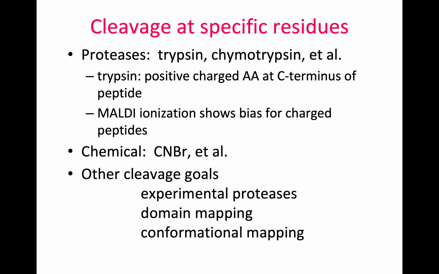Trypsin cleaves at positively charged amino acids at the C terminus of the peptide, and it is the most commonly used protease. A lot of machines, either MALDI or LCMS, usually have a standard for trypsin. If you use MALDI, ionization usually shows bias for charged peptides. Hence, it will be suitable for trypsin and chymotrypsin.